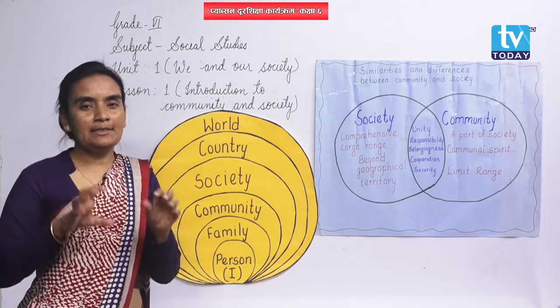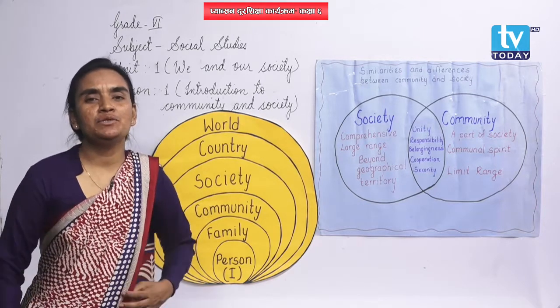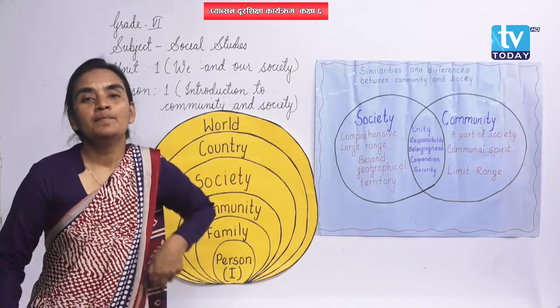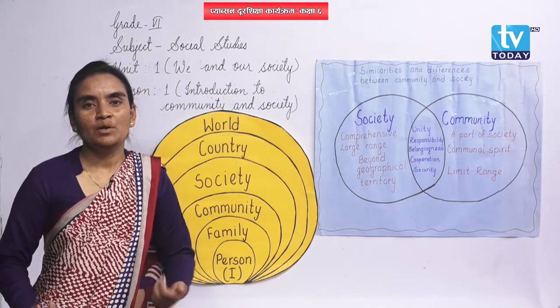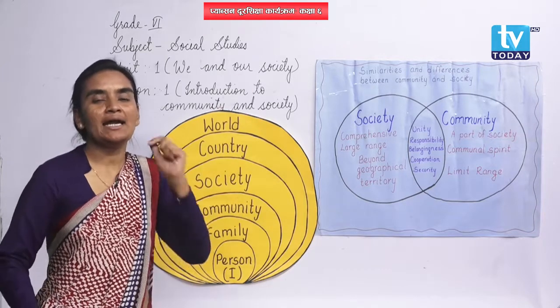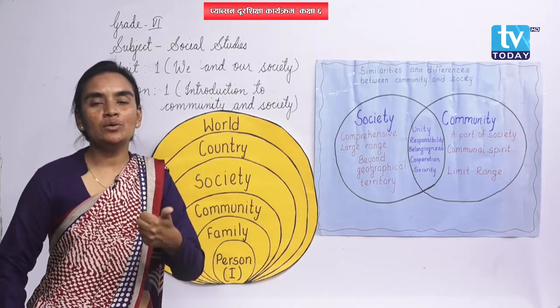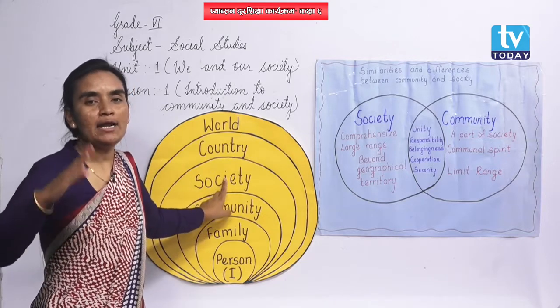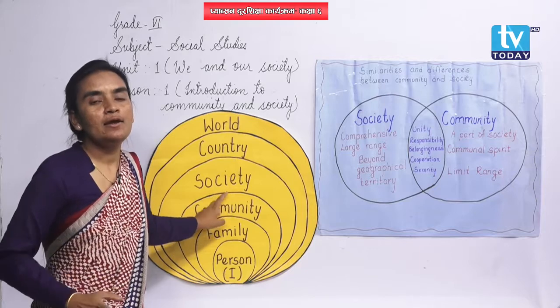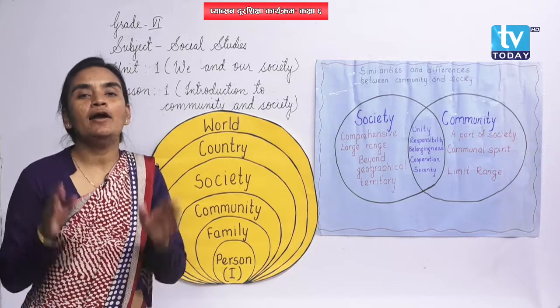Society is a broader unit of our nations or of the world. The world is a single unit including the different countries, but society is one of the units where different communities are joined.